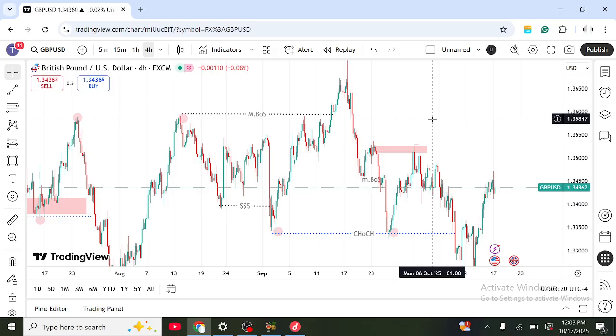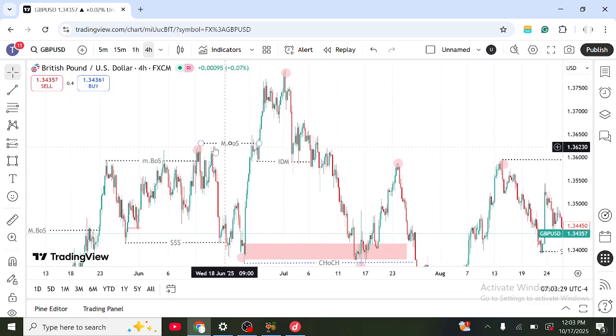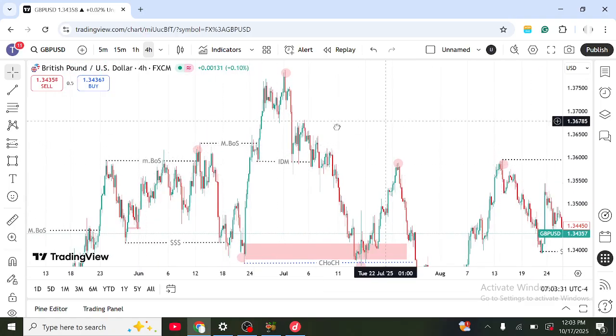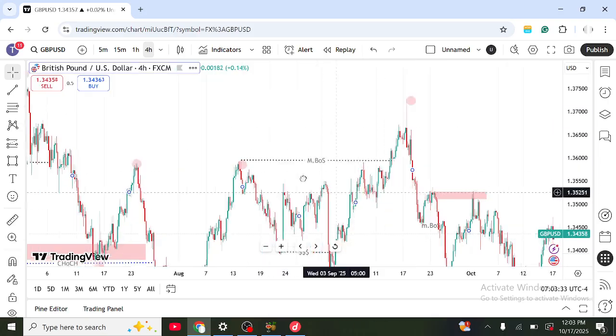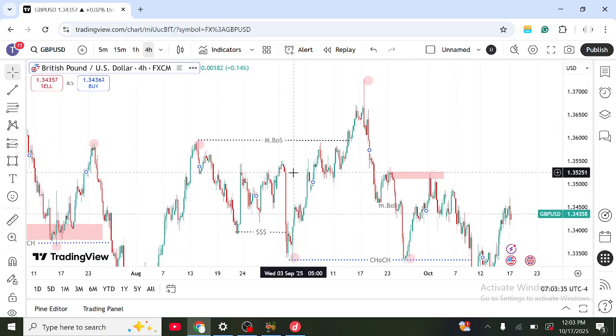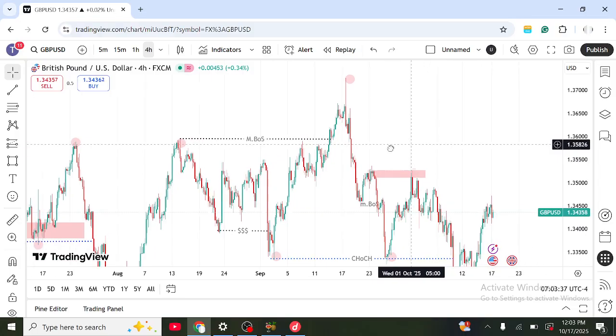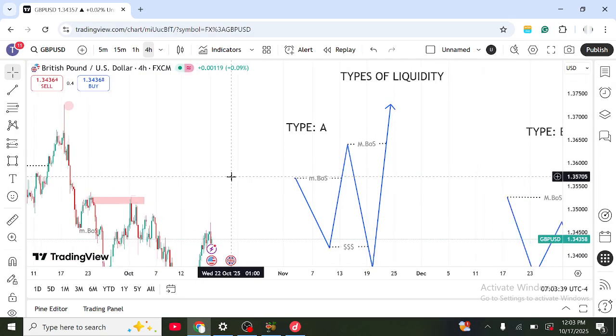All right, so this is the concept of liquidity. All right, the type A and the type B, how to draw them. You understand, the type A has the minor and the major break of structure, while the type B only has one break of structure.